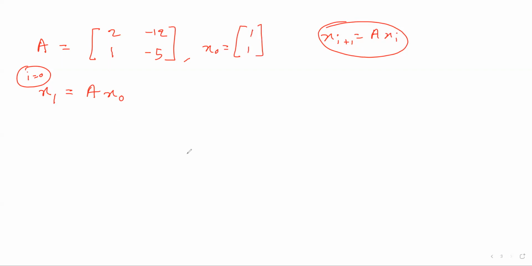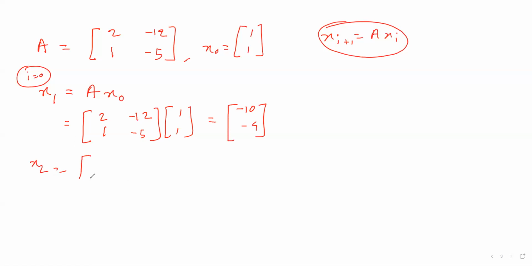Let's just stay with me and go through the process. All right, so let's multiply. A is [2 -12; 1 -5] and x0 is (1, 1). So the result is 2 minus 12 is minus 10, and 1 minus 5 is minus 4. Now let's repeatedly use this equation.